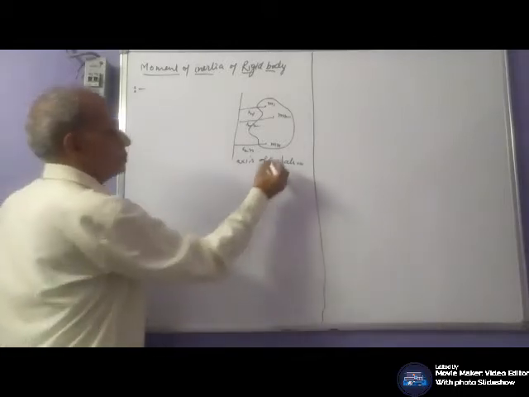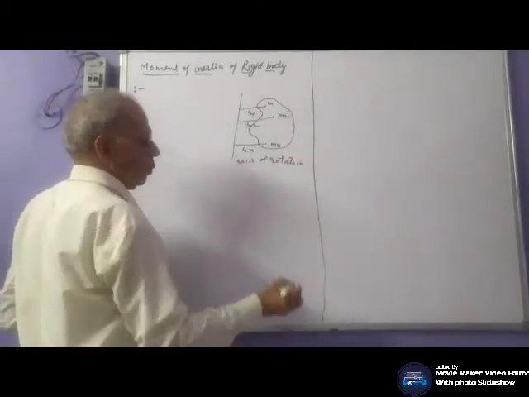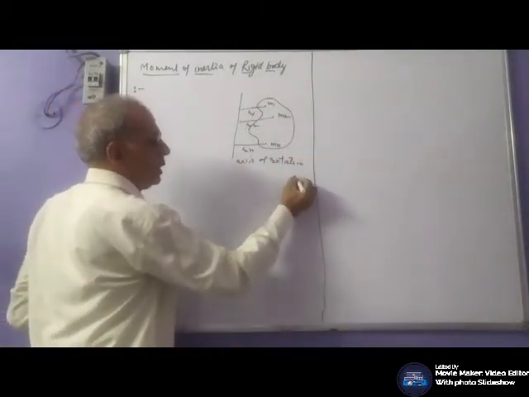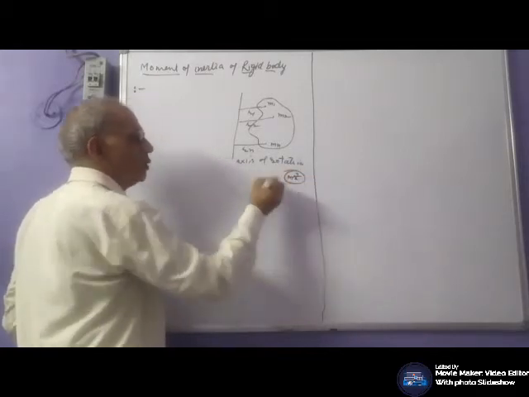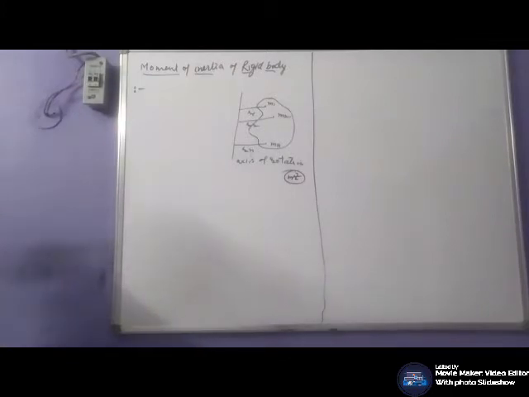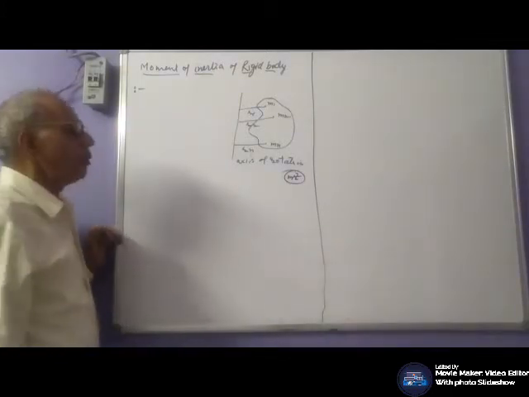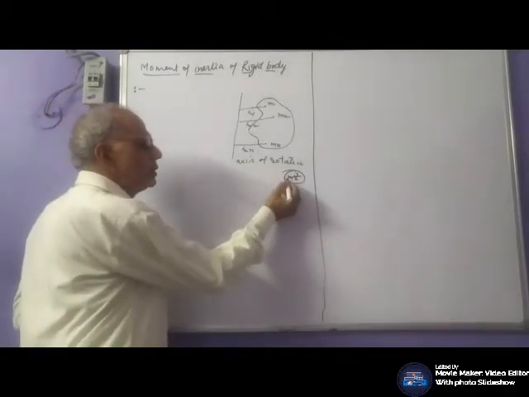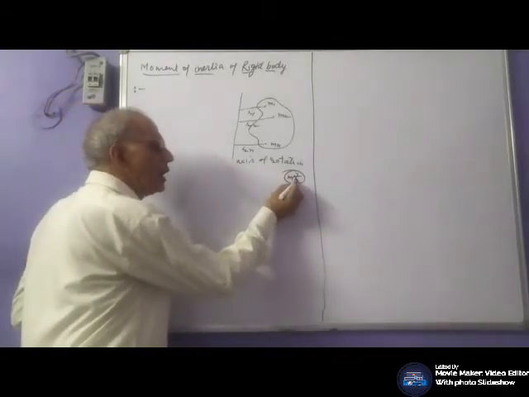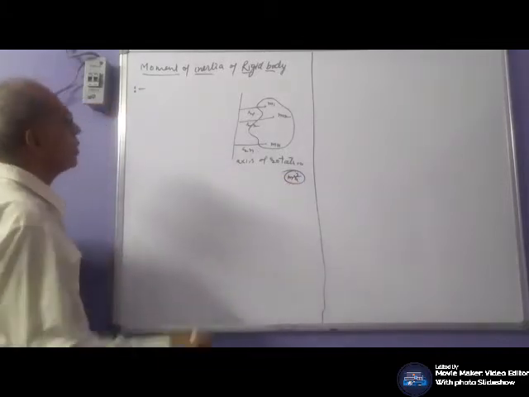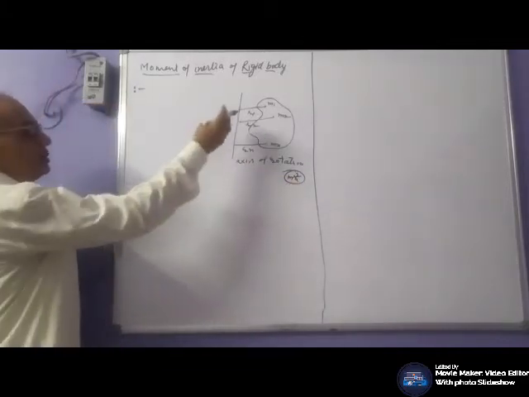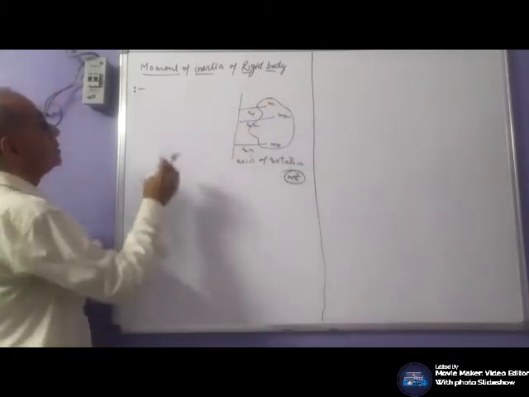Because we know the moment of inertia of a point mass is mr square, where r is the perpendicular distance. Hence we have taken these point masses.